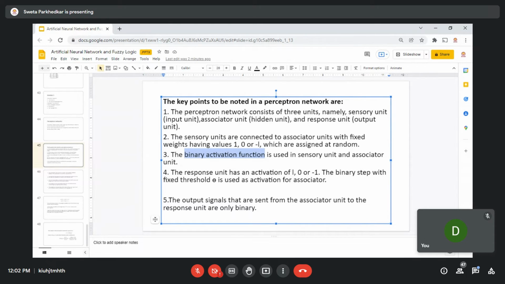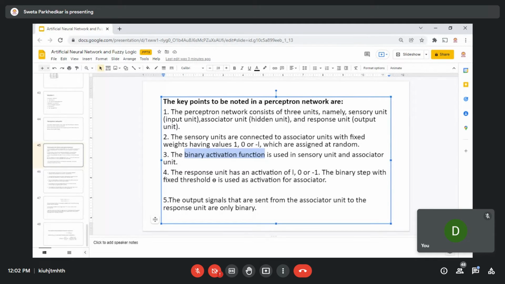Now why do we use an activation function? To fire that particular neuron, or to activate that particular neuron, we use the activation function. For a single or simple perceptron you need a binary activation function. Then the response unit's binary activation function output is 1, 0 or -1.